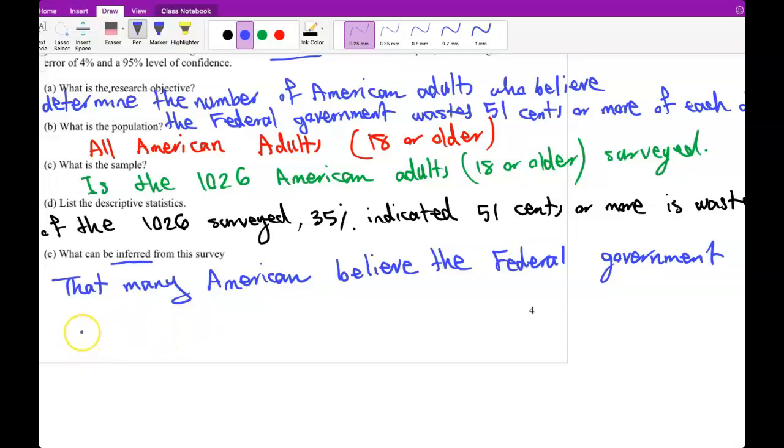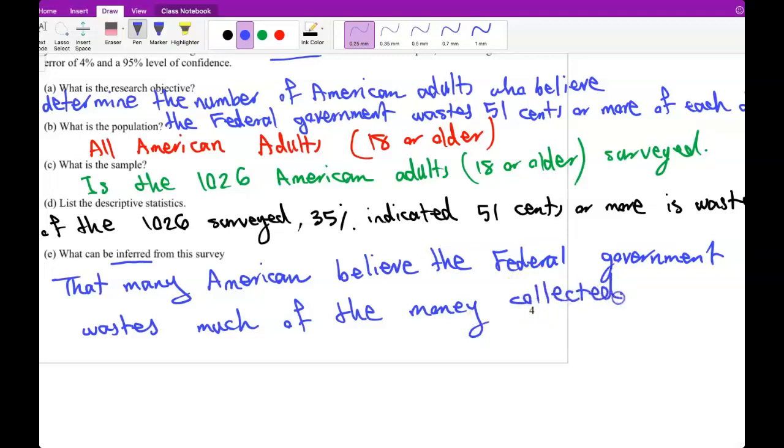So many believe that the government wastes, here again, I don't know what number we have. Here we have 51 cents, but here I don't know. So it's wasting much of the money collected in taxes.